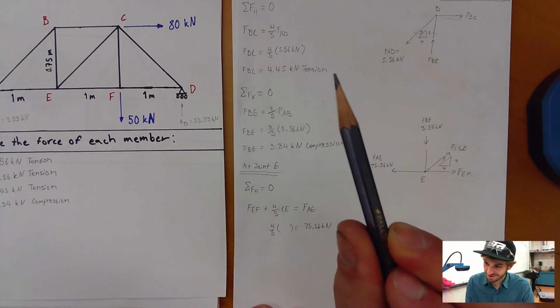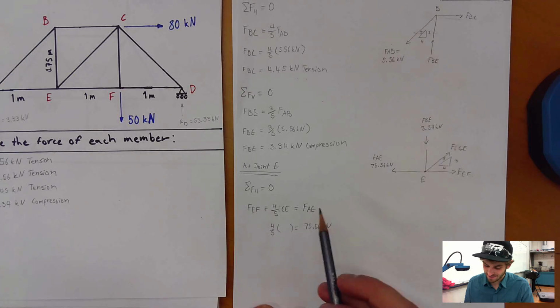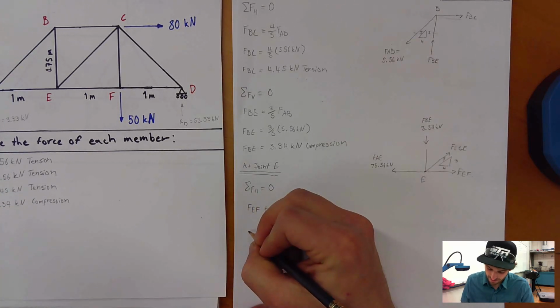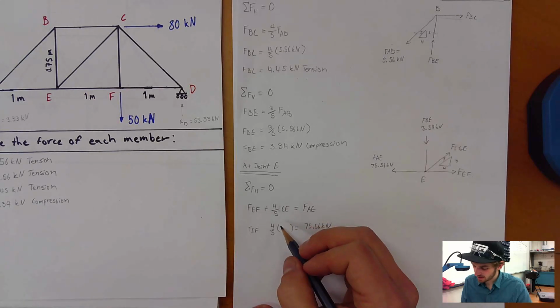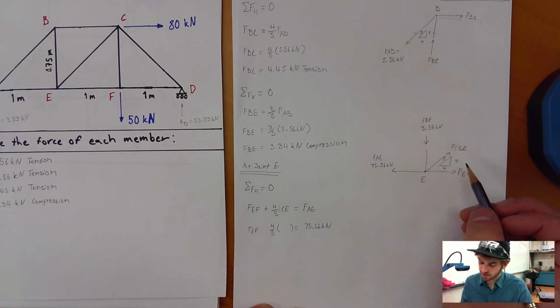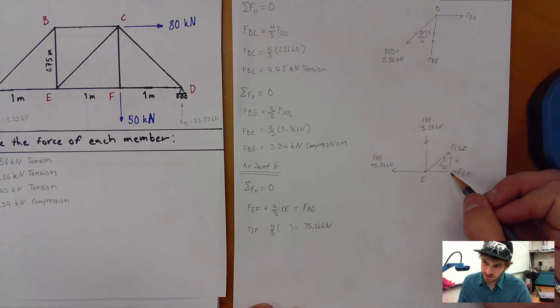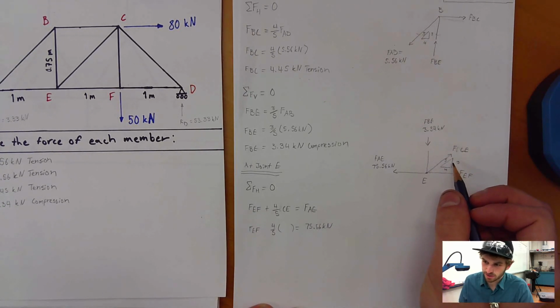And this is where I've run into an issue of, okay, I'm stuck. I don't know the forces acting in EF, and I don't know the forces acting in CE yet, because I need one of them to calculate the other one. Because both of these are unknown, I can't use the 3, 4, 5 triangle here. It's kind of useless to me.